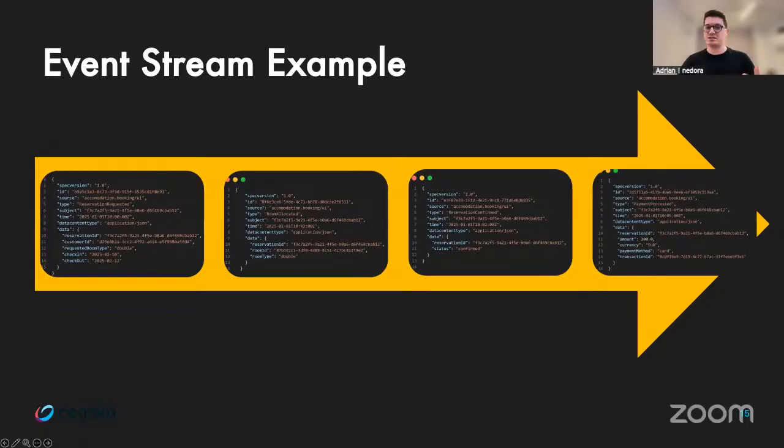If someone asks what happened with this reservation, you would literally have to record every event by event if you don't have something like this. Typically, each aggregate type, reservations, rooms, users, and so on, will have its own stream, each telling its own story in the end.